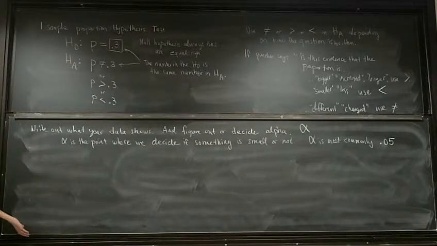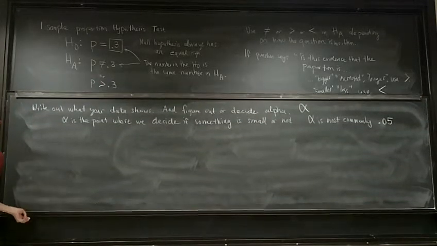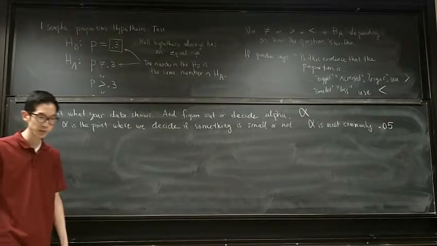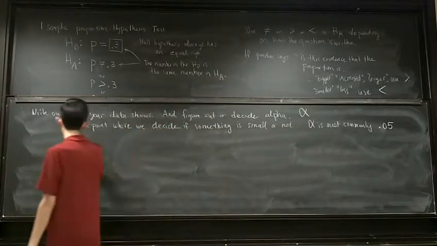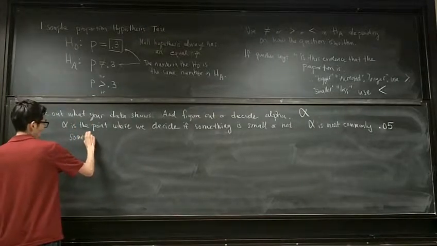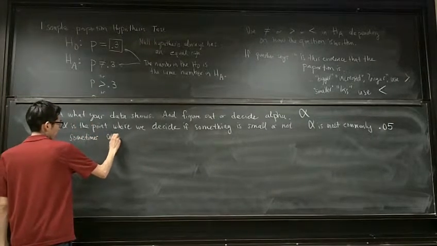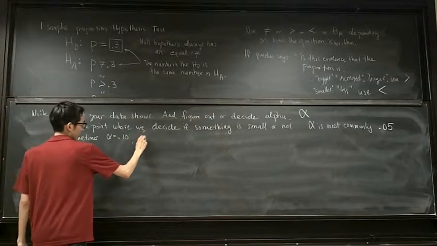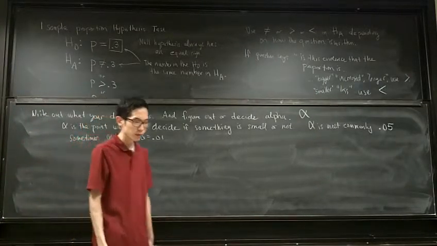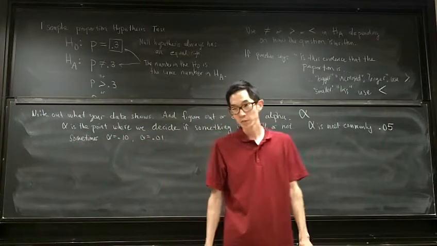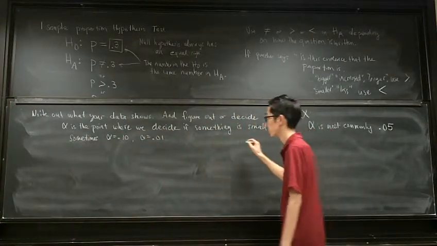But some people might choose alpha to be 10%, some people choose alpha 1%. It'll often be given in the problem. If not, assume 5%.